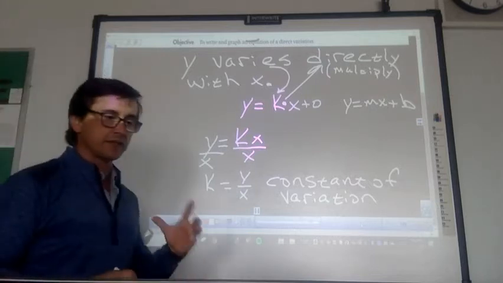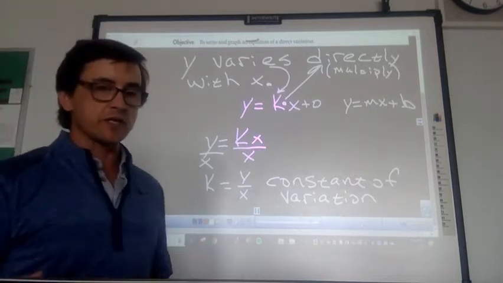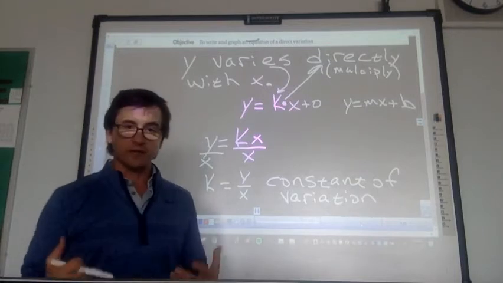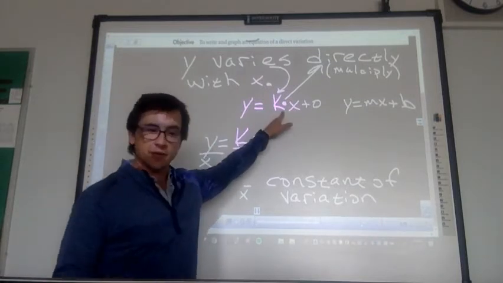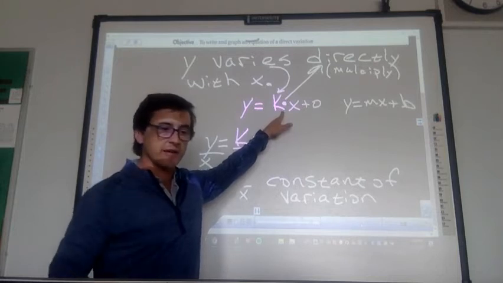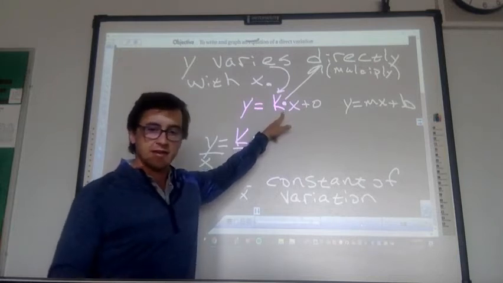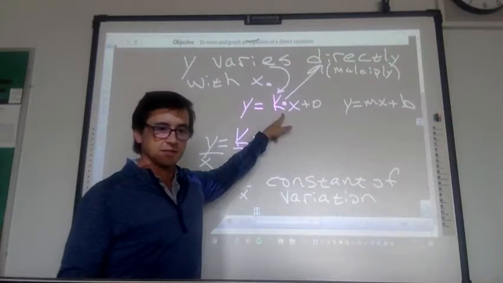Because it'll say determine if this equation is a direct variation. If so, what is the constant of variation? So all you need is whatever number, fraction, or otherwise that's in this position of k, and that is the constant of variation.